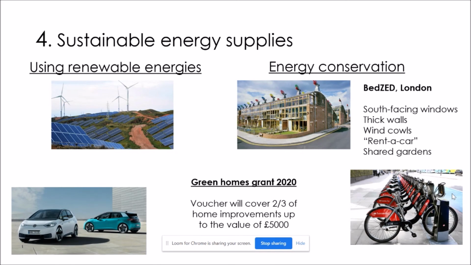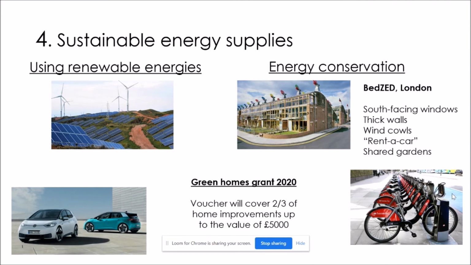So looking at things like BedZ, as you looked at in your case study of London, with those south-facing windows bringing in all the sunlight so they don't need radiators, thick walls to insulate, wind cowls to allow air to flow through the building so that you don't need to open the windows, because we lose lots of energy opening those windows to get some fresh air.